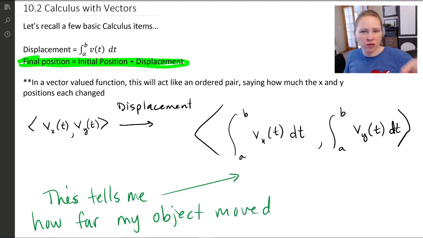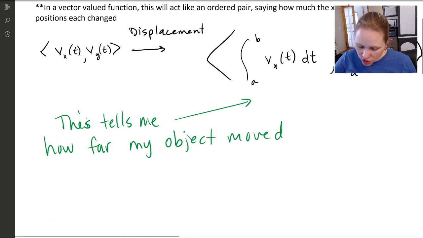So you have to have a starting position, so it tells you the amount of change. So the x-coordinate is how much did the x-coordinate change. The y-coordinate, the y of the displacement, tells you how much the y value changed. So this is how we find displacement.